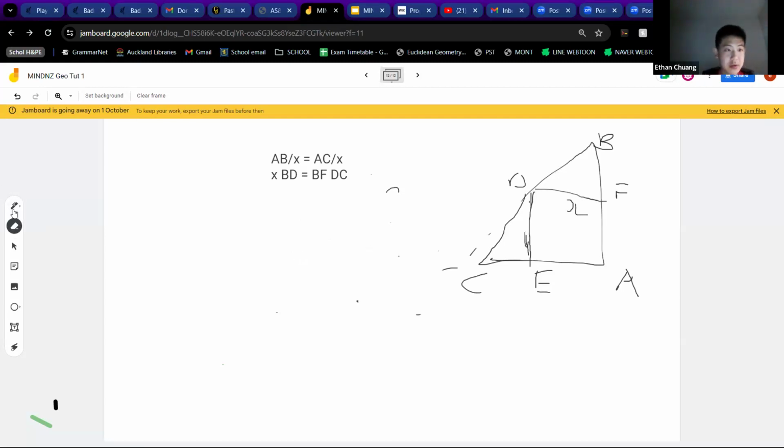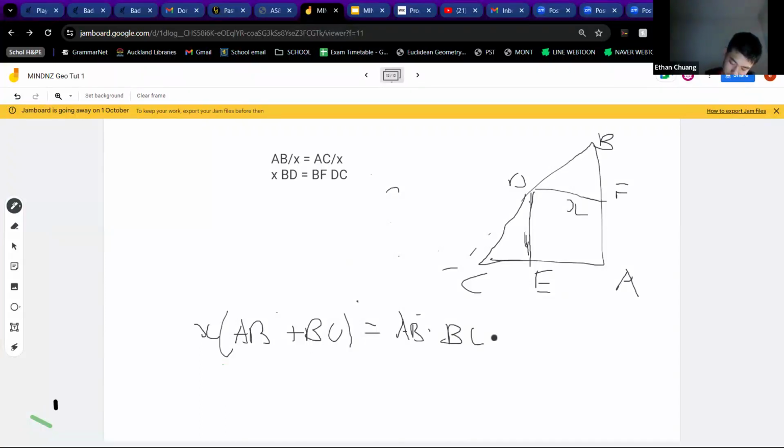Wait, so the original thing we're trying to prove again was X over AB plus BC equals AB times BC. Is DCE equal 45 degrees? Wait, would DCE equal 45 degrees? Not necessarily, no. Yeah.